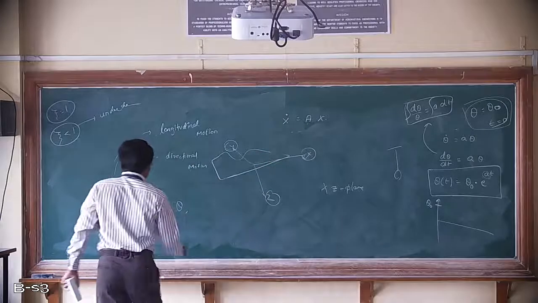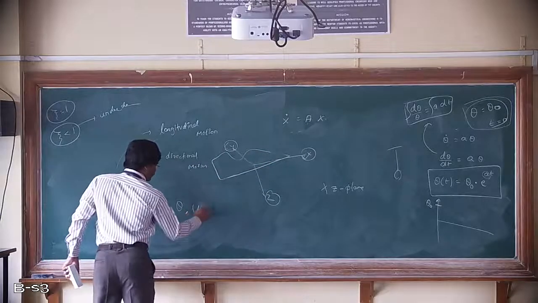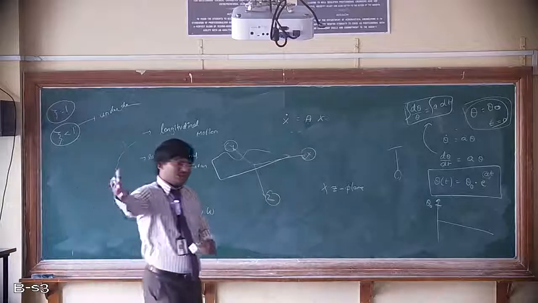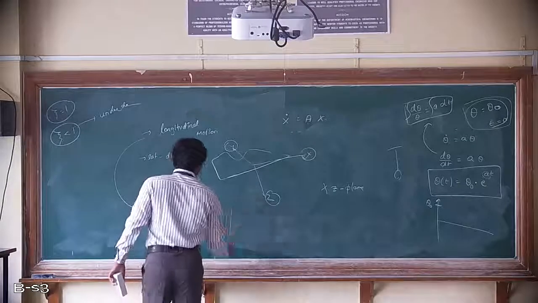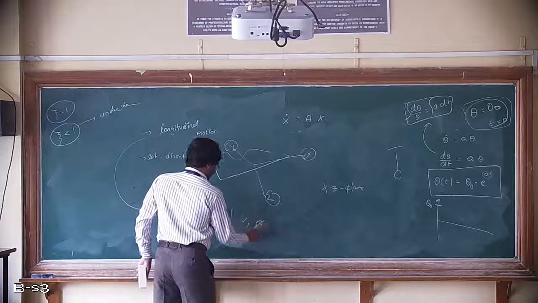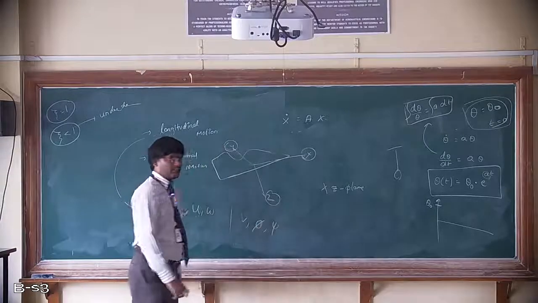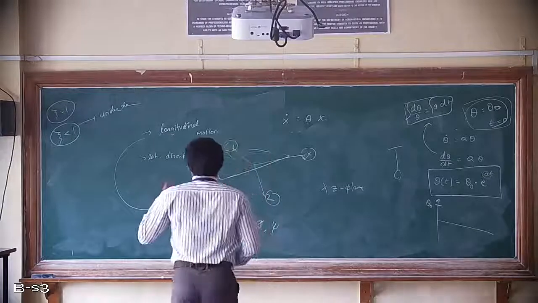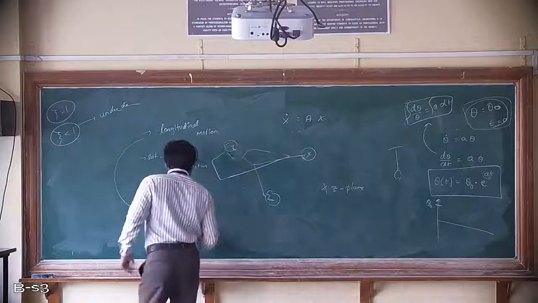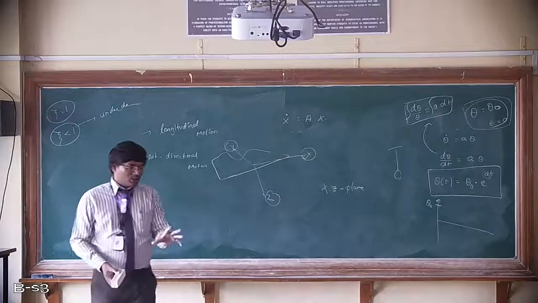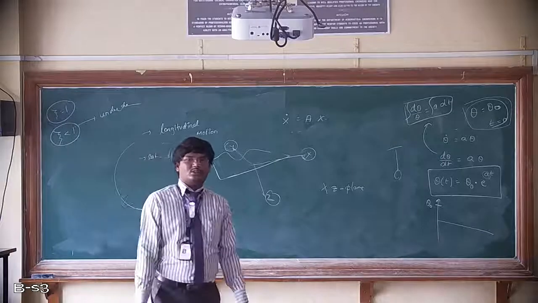So u, w, theta generally come under longitudinal motion. The remaining ones, velocity in the y direction v, the roll angle phi, and the yaw angle psi, come under lateral directional motions, right? Now we will study the modes of the system individually: longitudinal mode and lateral directional mode.